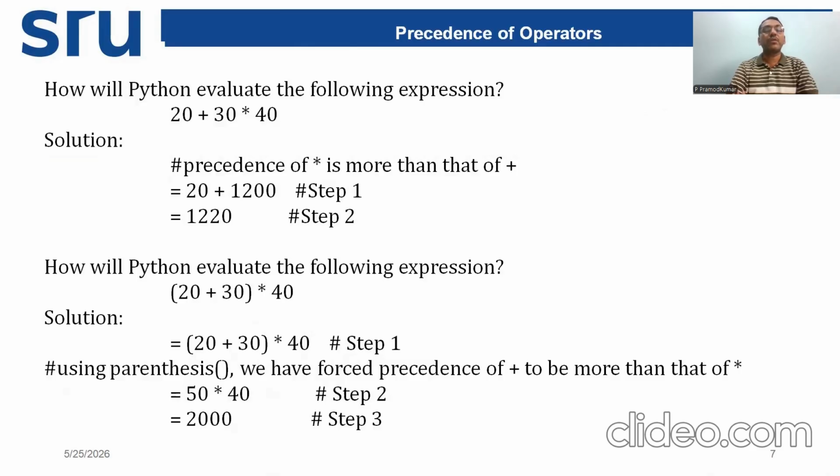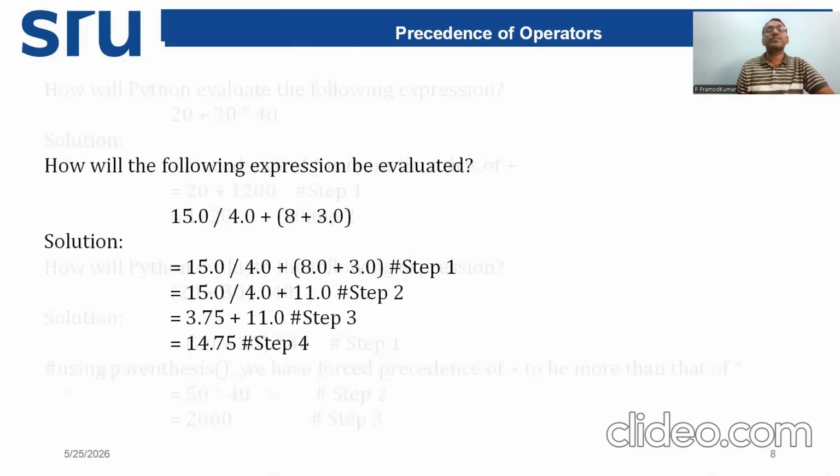So instead of getting 1220 as a result, now we will get 2000, because first 20 plus 30 will be the operation. Hence, the result becomes 50. Then that result will be multiplied by 40. Hence, it becomes 2000. So the basic priority of the operators is changed via parentheses. Yes, this is all about the precedence of operators.